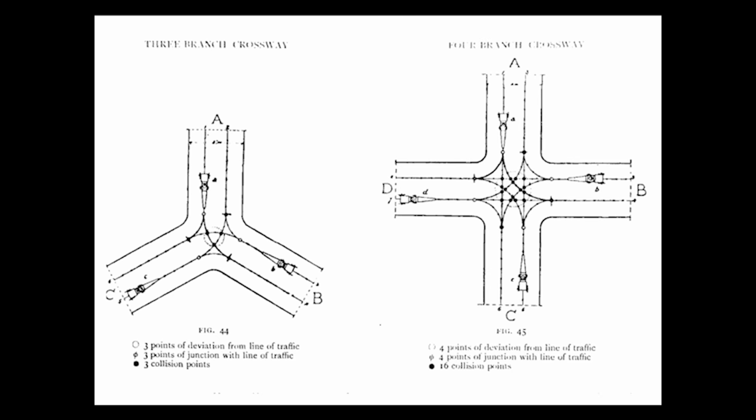Okay, so now we're back to the intersection. This is one of the stronger arguments for hexagonal streets, not just the perimeter, but the intersection. When we have a hexagonal street network, there are three-way junctions, where a square grid produces four-way junctions.